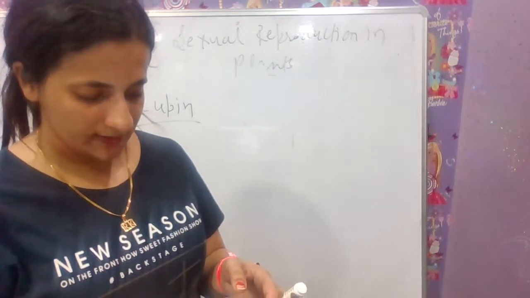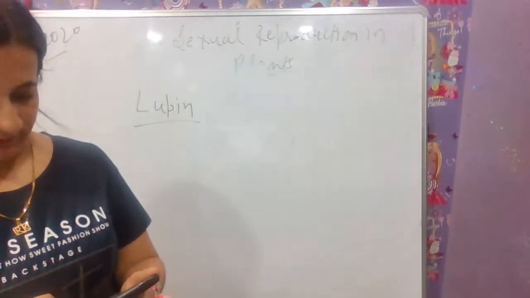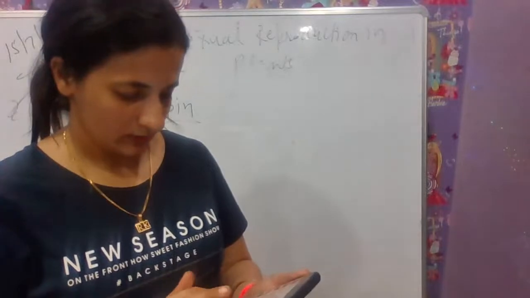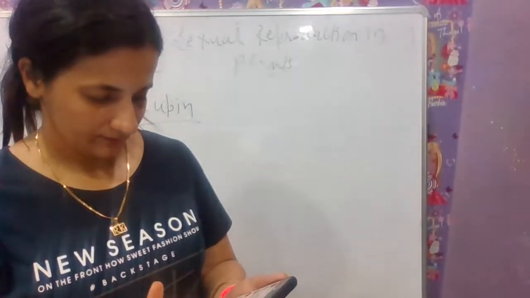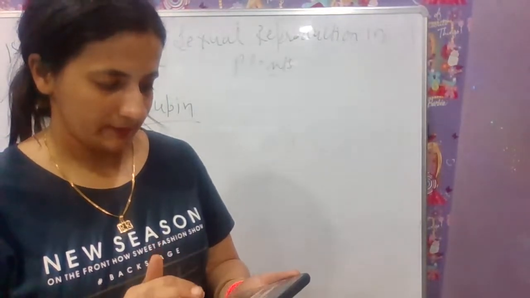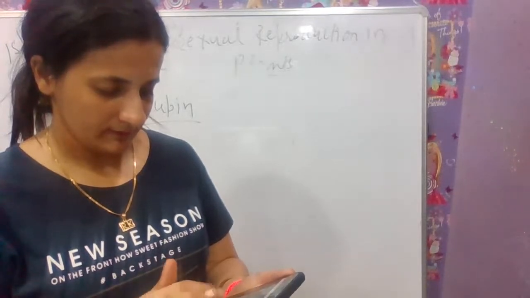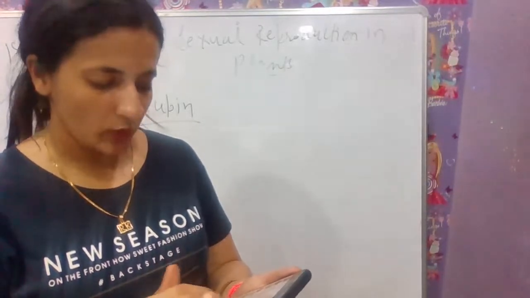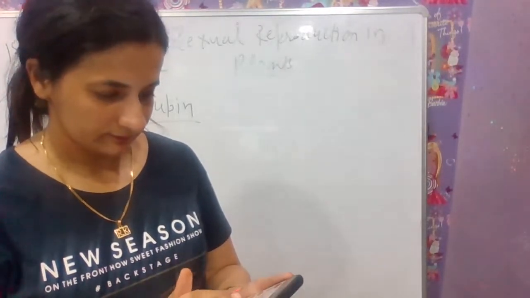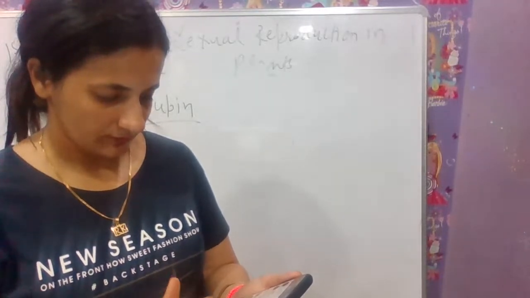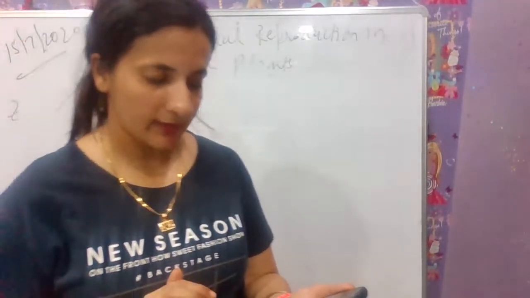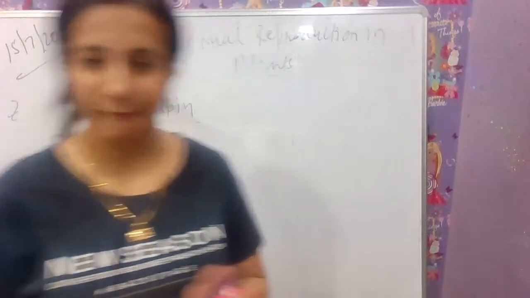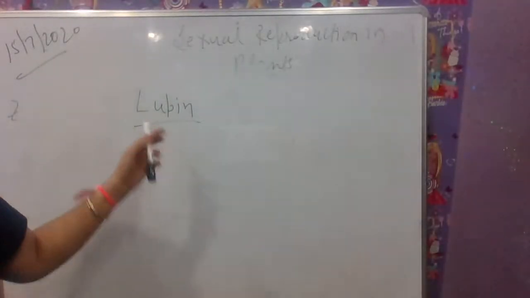Now I think everyone has received it. Three students are left, let me send it so that you are able to understand. Now I think everyone got the notes for the lupin flower. Now let me start this topic.